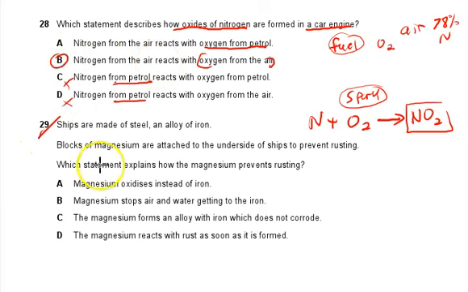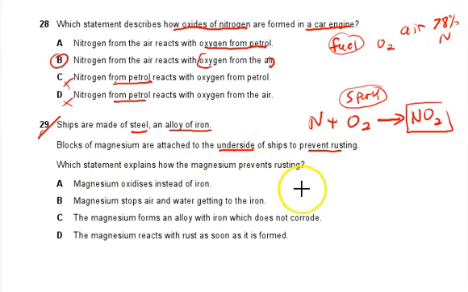Number 29. Ships are made of steel, an alloy of iron. Blocks of magnesium are attached to the underside of ships to prevent rusting. Which statement explains how the magnesium prevents rusting?